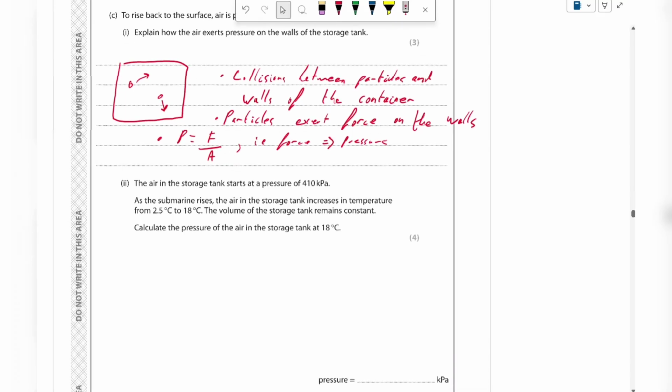The air in the storage tank starts at a pressure 410, and we have a temperature change. So we have P1 over T1 equals P2 over T2. So that is pressure 1.